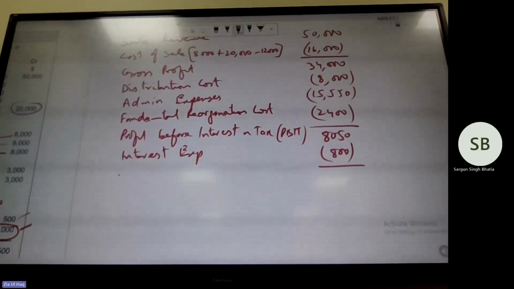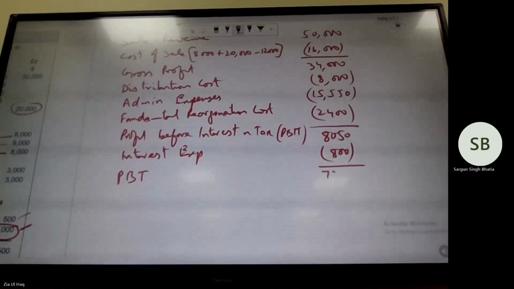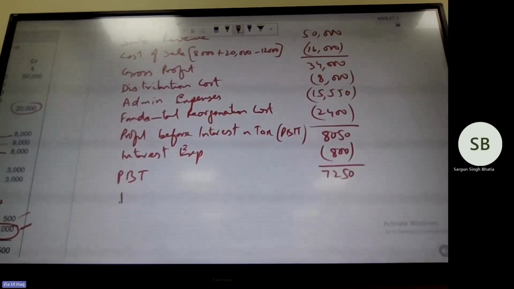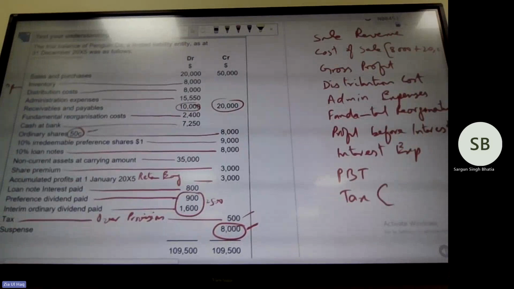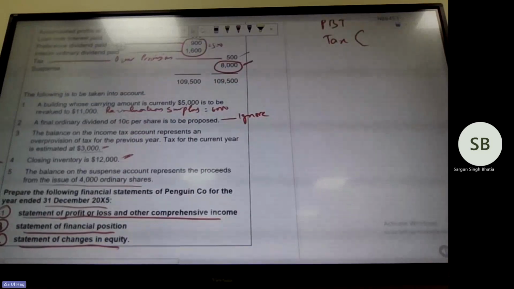If we subtract, we will arrive at profit before tax. What is profit before tax? 7,250.